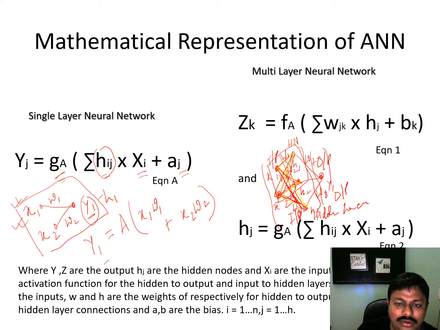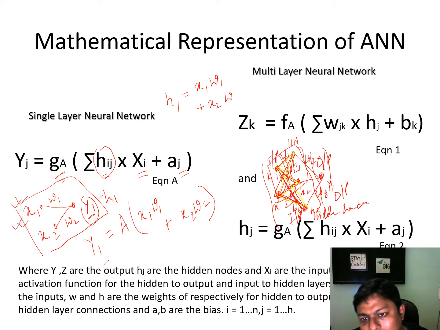So now how can you predict H1, H2 and H3? You see H1 is X1 into W1 plus X2 into, I think here it is W4, and you place an activation function here, that is H1.